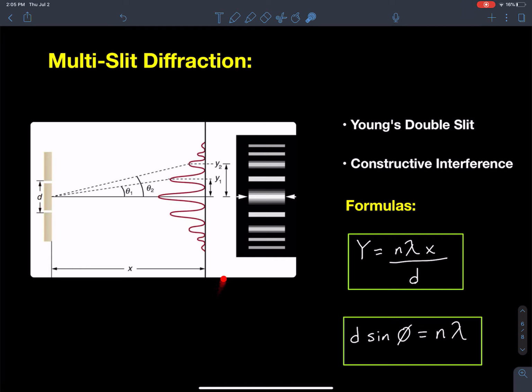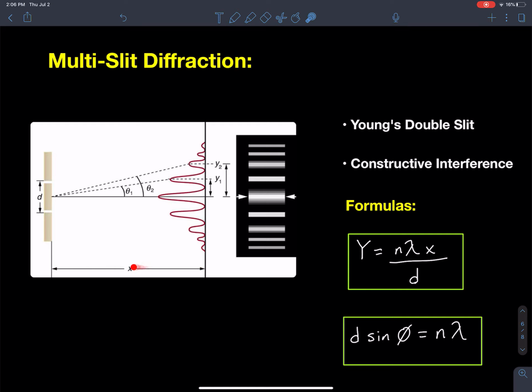And this would be your screen, where you're projecting the diffraction pattern, which looks like this. And if you remember, that's our central maximum, and these are the orders. Okay, these are the constructive interference for double slit interference. And these would be minima, which are zones of destructive interference, okay? This angle here is my angle of diffraction.